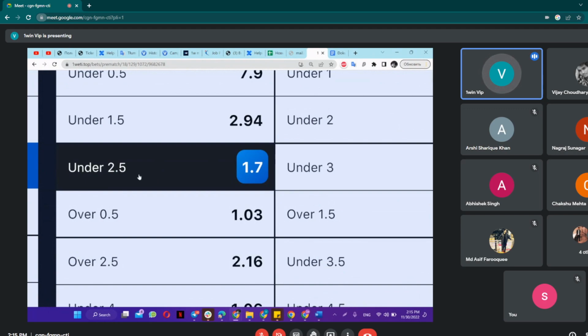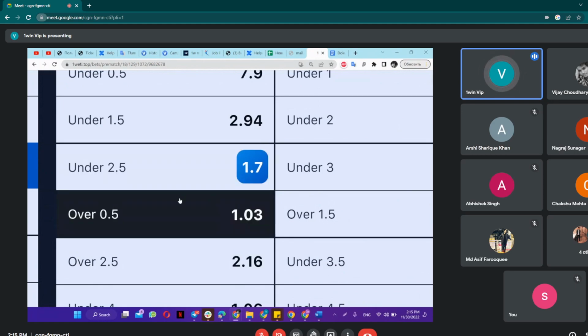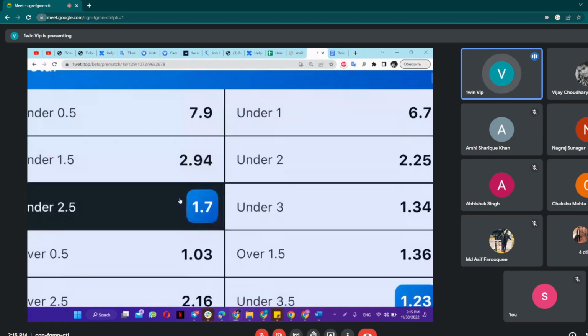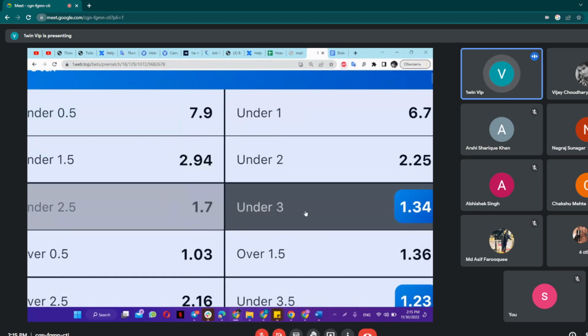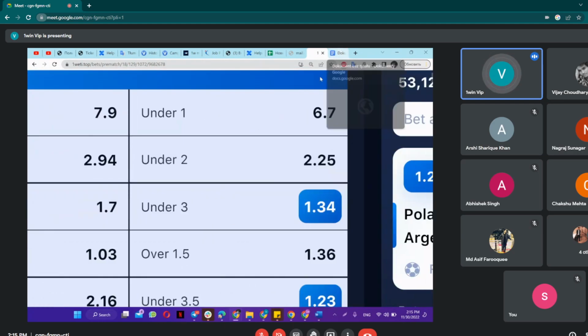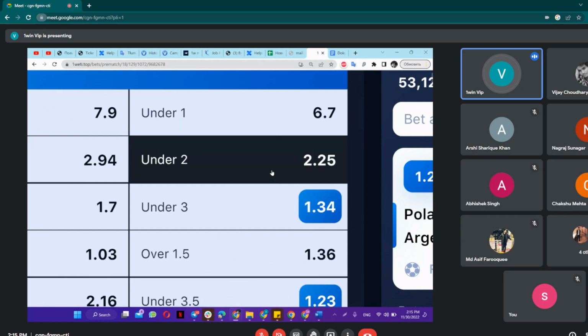If they have 3, I will lose my bet, obviously, and just lose my bet amount. But that was half total, over and under. We also have full total: under 3, under 4, under 1, over 1, over 2, over 3, etc.